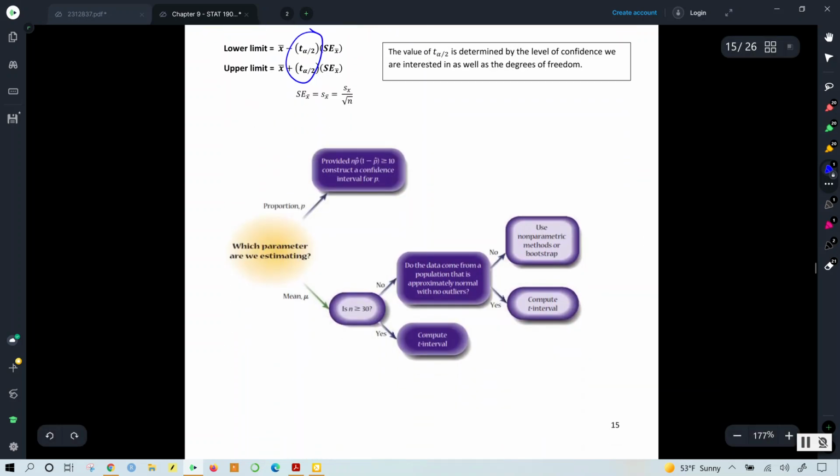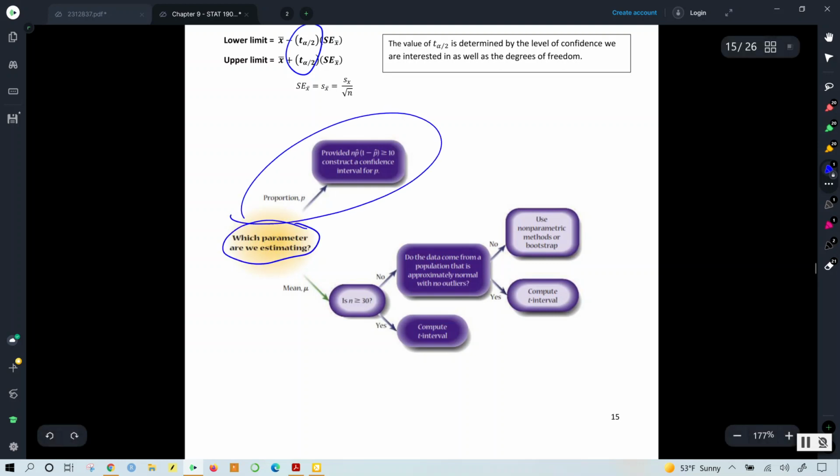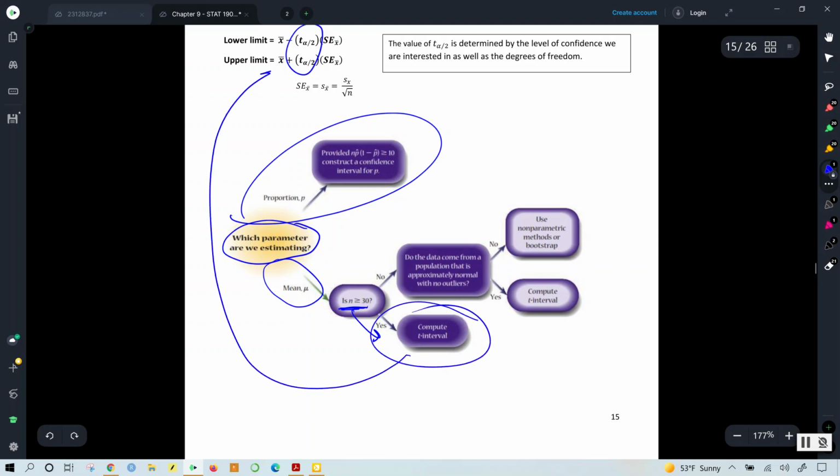And if you are more of a graphic person or a visual person, well, earlier we went this route, which is to study how to find confidence intervals for population proportion. This time, we would like to look at how to find the confidence interval for population means. If the sample size is large, that is greater than or equal to 30, you're good to compute the T interval using this formula.